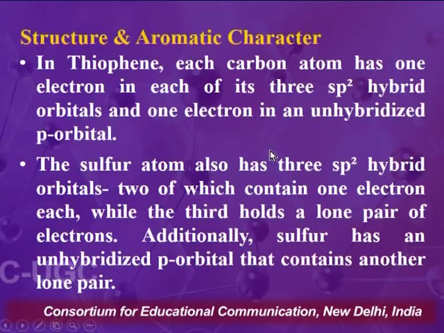In a similar way, sulfur atom has 3 sp2 hybrid orbitals, two of which contain one electron each, while the third holds a lone pair of electrons. Additionally, sulfur has an unhybridized p orbital that contains another lone pair of electrons.